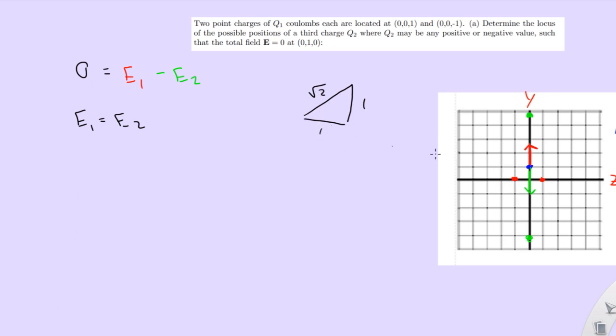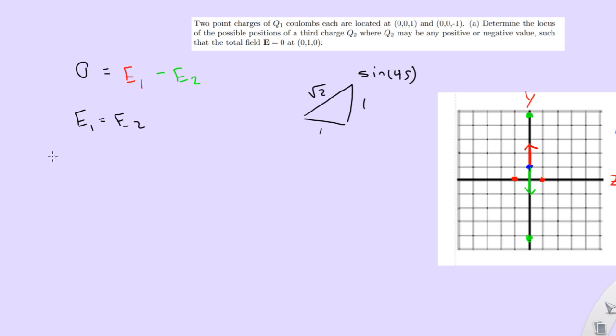And if we just want the vertical component of a 1-to-1 triangle, it's going to be sine of 45, because it'd be 1 over square root of 2 either way.